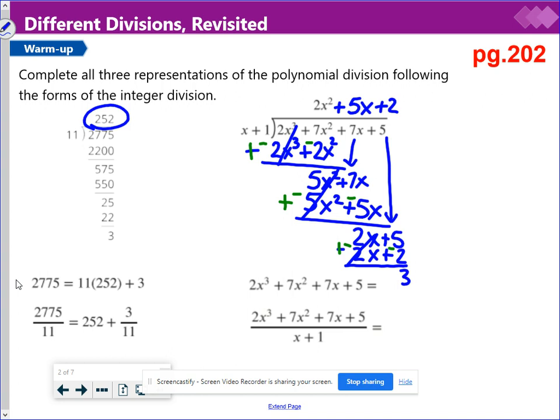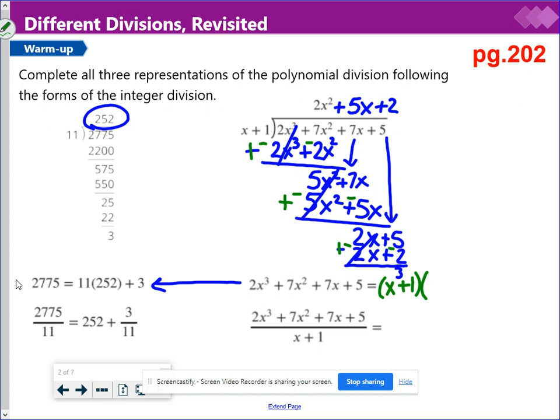For the next problem, thinking about what we have right here, that 2,775, and how we can write that polynomial split into factors. I'm just going to write that 3 a little bit smaller. That could be written as, looking at what we've got over there, instead of 11, I'm going to have x plus 1.